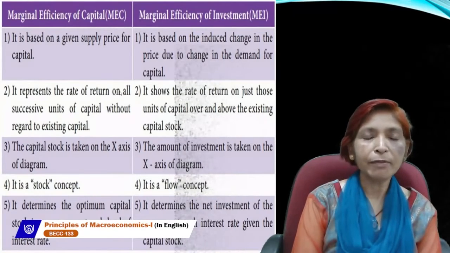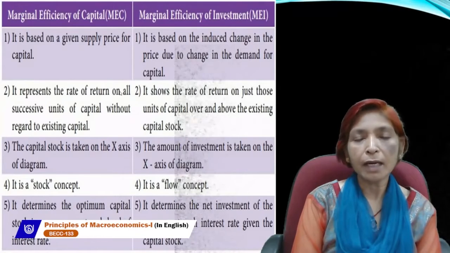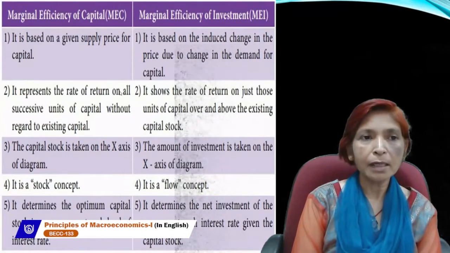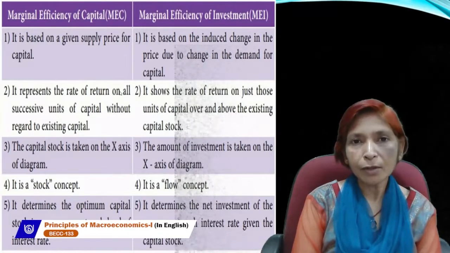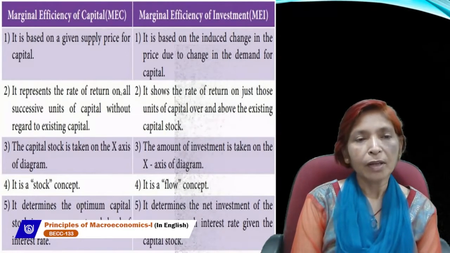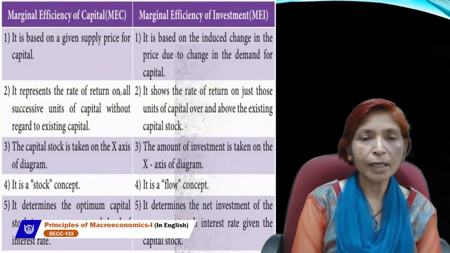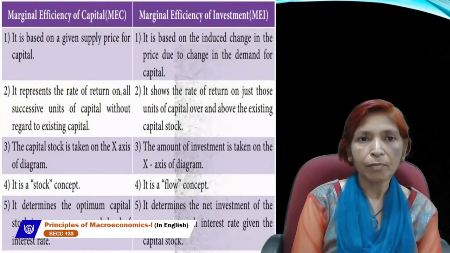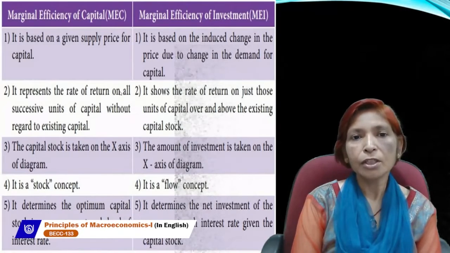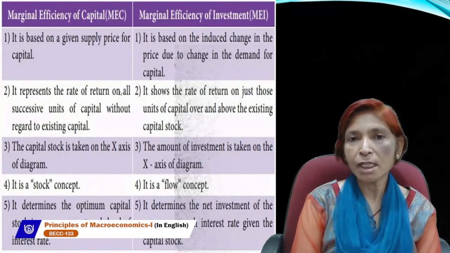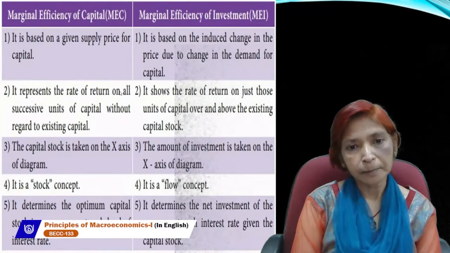The basic difference between MEC and MEI is that MEC has two determinants: one is the prospective yield of the capital asset and second is the supply price of the capital asset. But MEI, marginal efficiency of investment, shows the induced change in the price due to the change in demand.